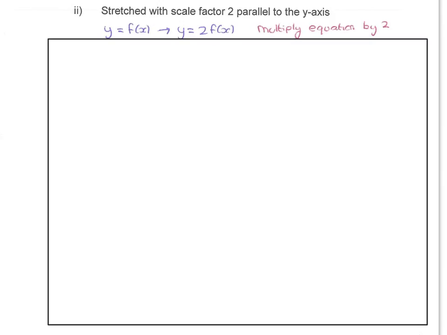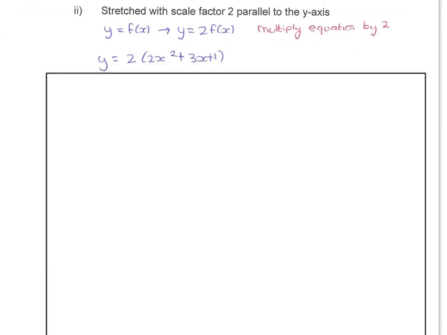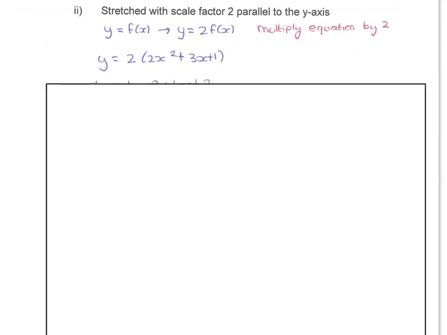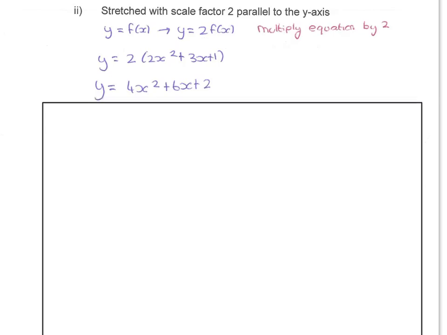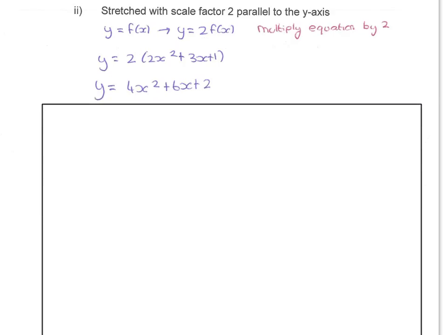So we take our original equation and multiply the whole thing by 2. We get y equals 2 times (2x squared plus 3x plus 1). Multiply out the bracket and simplify, and we get our final equation: y equals 4x squared plus 6x plus 2.